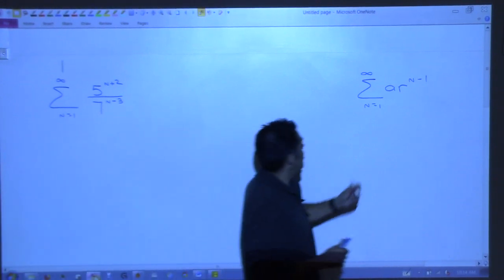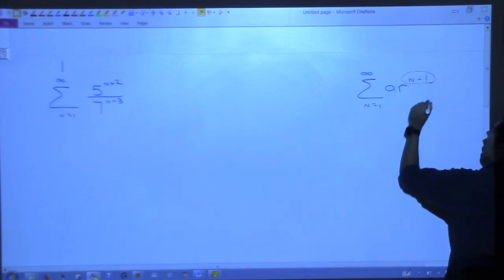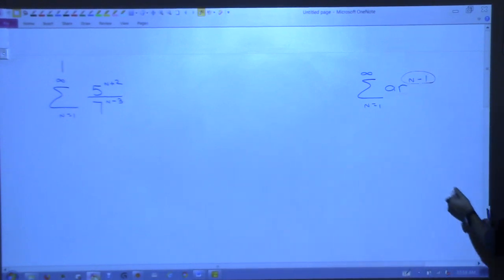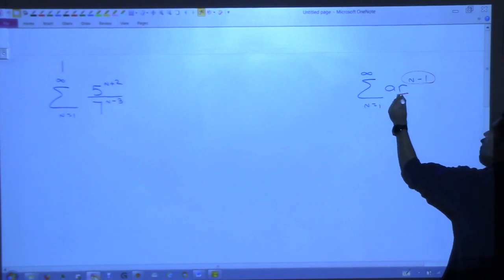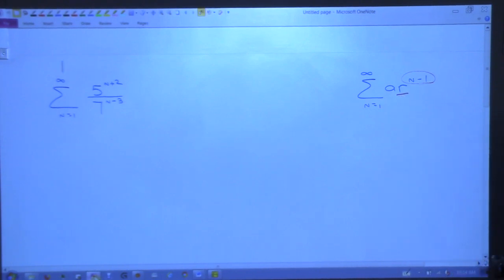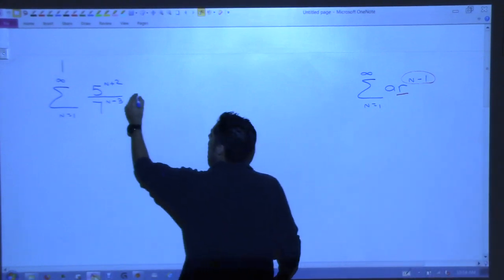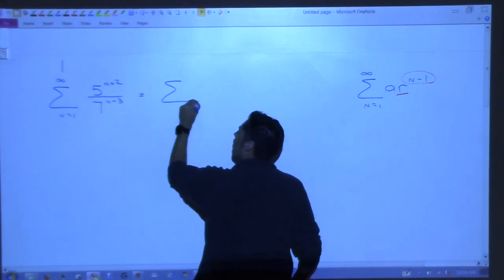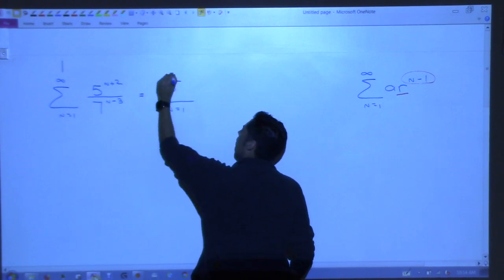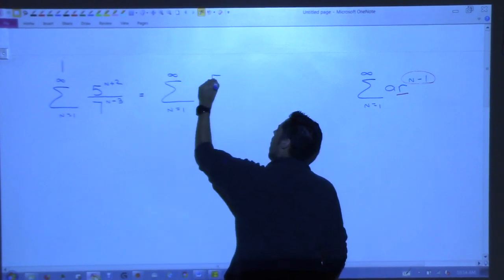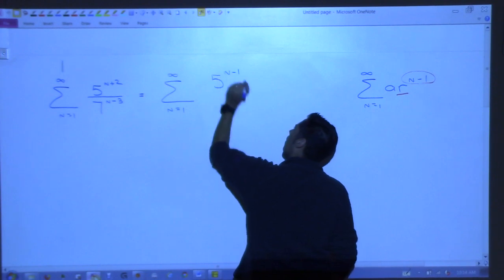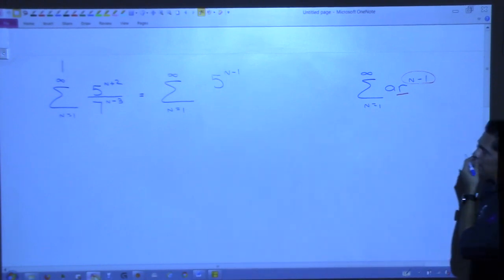So what I think you should be focusing on is the fact that we need to find some number r raised to the n minus 1, right? You ready? You tell me.